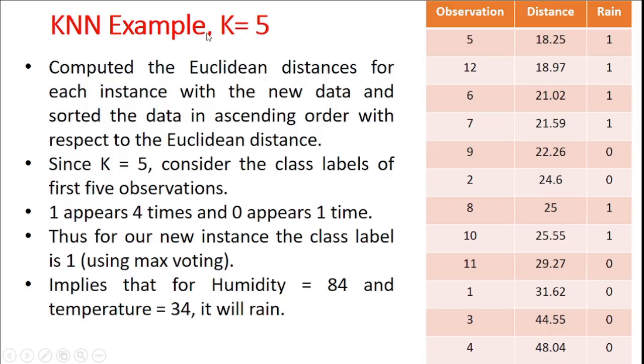In this case, the value of K is 5, so considering the 5 rows, you can see when humidity is equal to 84 and temperature equal to 34, it will rain, since you have 4 ones and 1 zero. So 4 is greater than 1. So we can say it will rain for this particular condition.